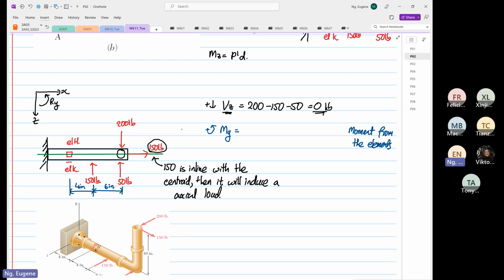So now we have 150 multiplied by 4, plus 50 multiplied by 10, minus 200 multiplied by 10.